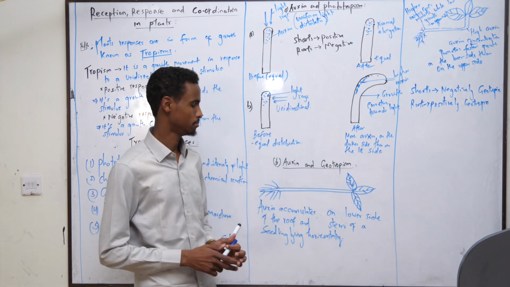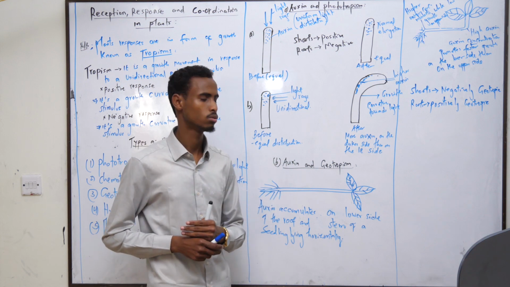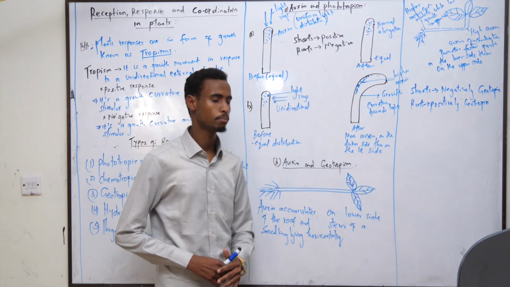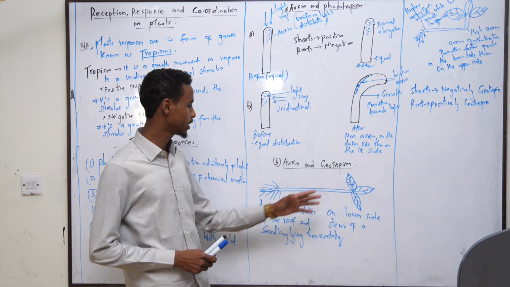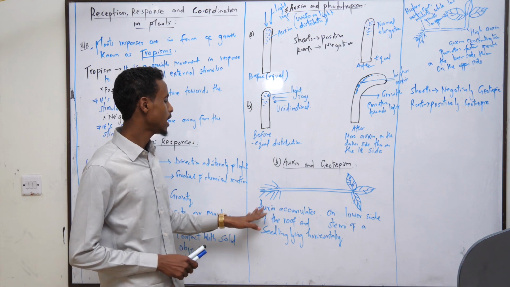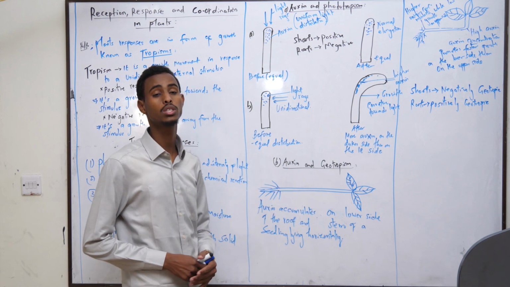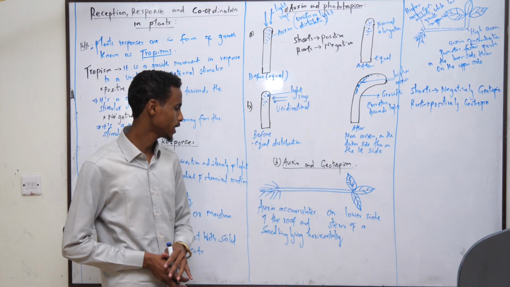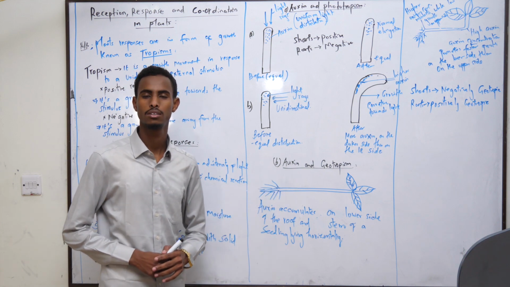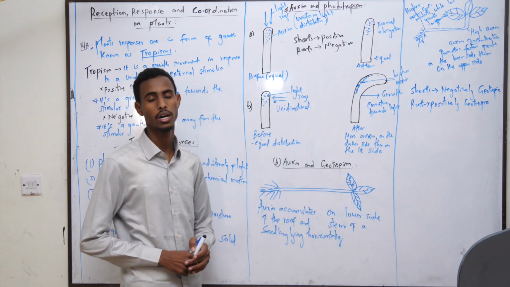And we said geotropism is a growth curvature or a growth movement in response to gravity. Now, this is horizontally placed roots and the leaves, the stem, and everything. Now, Auxin accumulates on the lower side of the shoot and roots. Reason being, gravity causes Auxin to migrate onto the lower side of the shoot and roots.